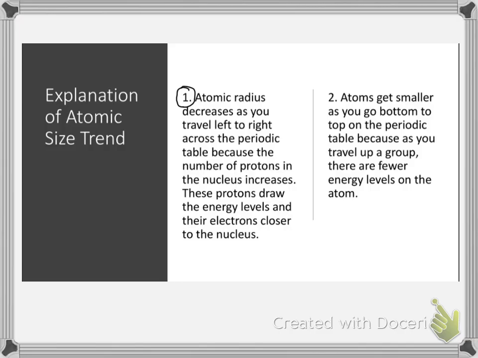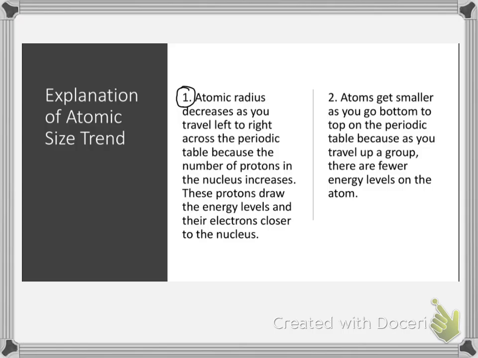Now, why it shrinks as the nuclear charge increases is that in a period, all of the electrons are in the same energy level. So if you're in period 2, all of the electrons in period 2 have energy level 2, and so that whole level gets pulled in by the increase in nuclear charge.